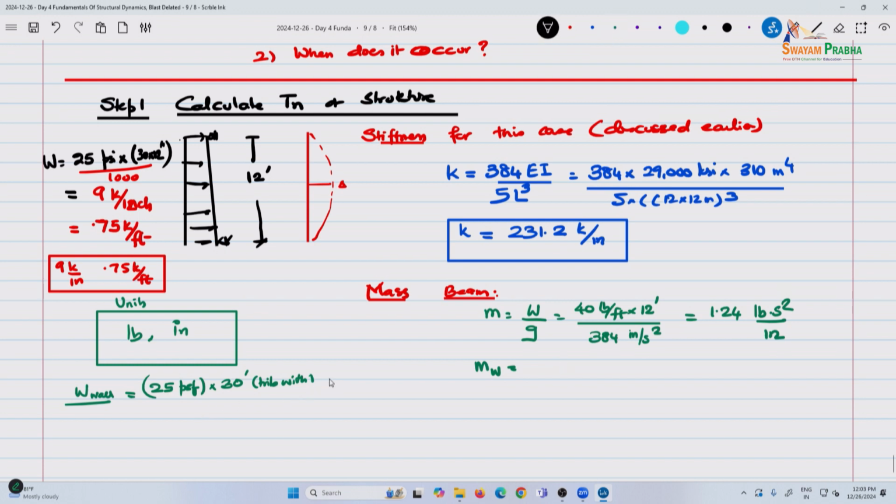So, help me with this. This is 25 times 30 times 12, how much? So, 750 multiplied by 12, 9,000 pounds, divided by 384 is how much?